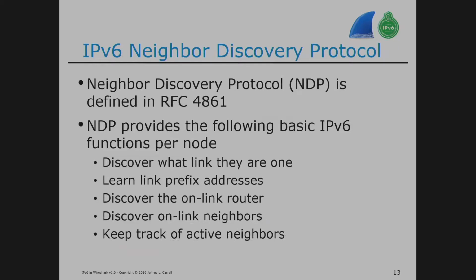The quick little overview here: in the V4 world, things like ARP and reverse ARP and some of your ICMP technology were spread around multiple RFCs. In V6, they're all consolidated into the neighbor discovery protocol, most of your ICMP stuff. Things like we've been talking about, router solicitations, router advertisements, neighbor solicitations, neighbor advertisements.